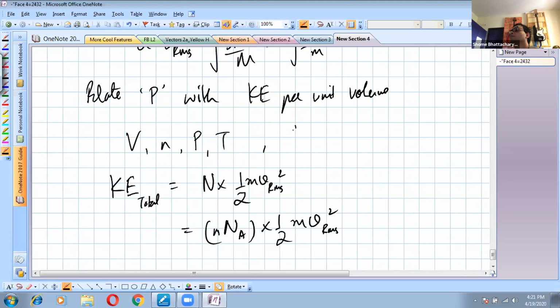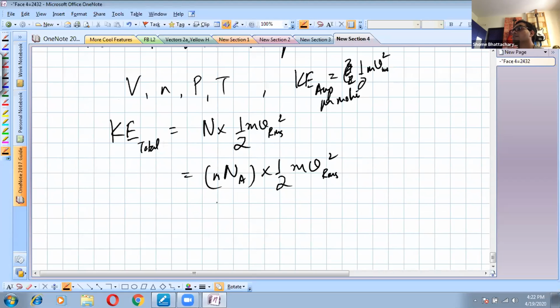Otherwise it is f by 2 kT, but here we'll write it as half m VRMS square. There's no rotational or vibrational involved here, so assuming that.